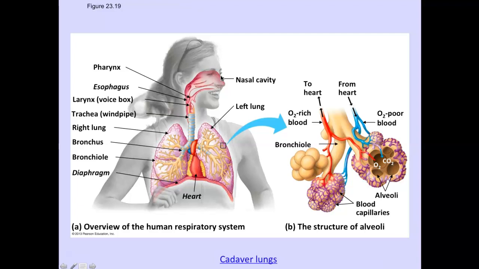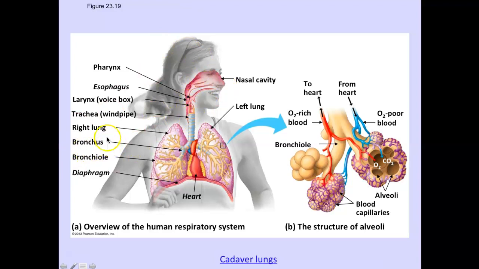So how does your nose clean the air? Well, you have nose hairs that will filter out really big objects. But then once you get into the nasal cavity, you have mucus, and that mucus is going to trap the heavier dust particles and particulates so that they don't go down into your lungs. In fact, you have mucus protecting your lungs all the way down in your trachea.